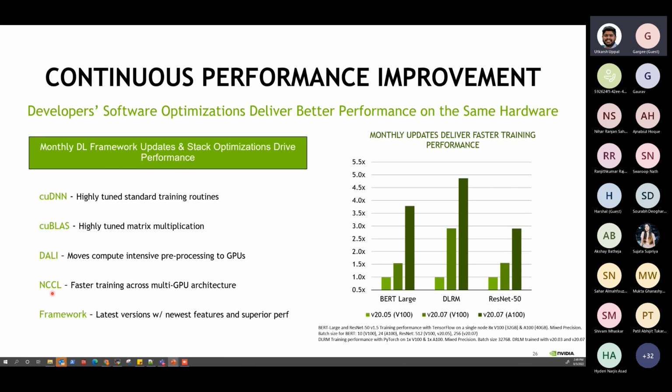For any kind of multi-GPU or multi-node training, this is the library which allows the conversation between multiple nodes and multiple GPUs. And the cherry on top is that it's compatible, because we work very closely with the PyTorch team so that the optimizations are in sync and seamlessly integrable with each other. So that's the base libraries which you can leverage for your training purposes.